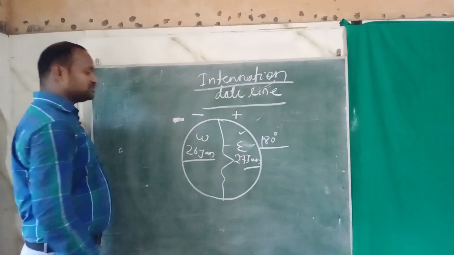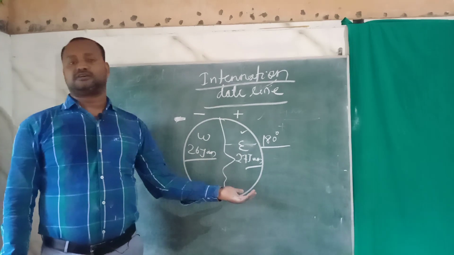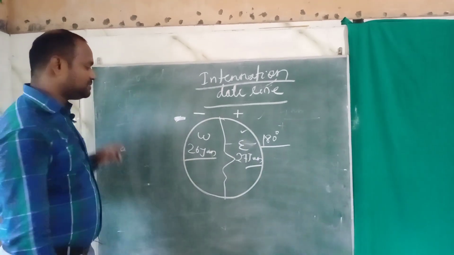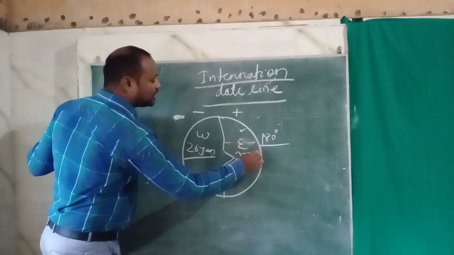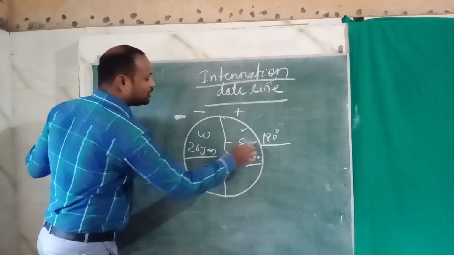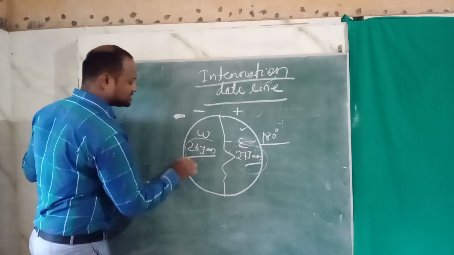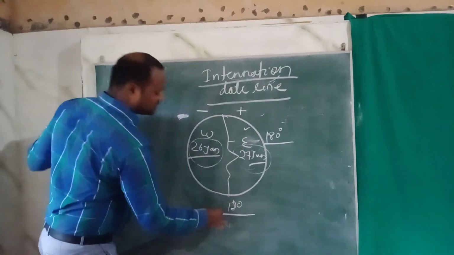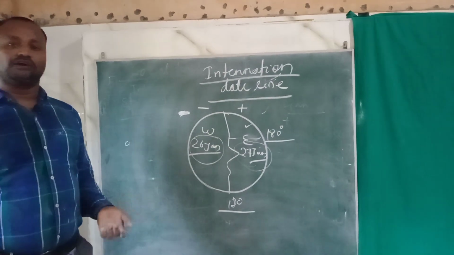Why? Because the eastern part of the earth receives sunlight earlier than the western part. So the day will always be ahead in that part, which is at 180 degree longitude, just opposite to the prime meridian.